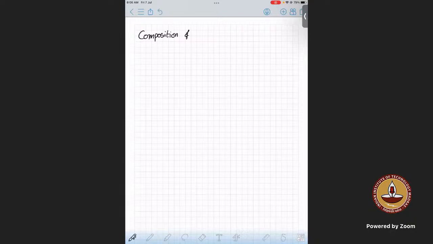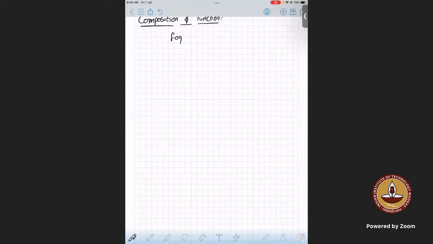Composition of function. f of g of x. Look, f of g of x is written as f of g of x. Right, sir. Now I will ask you one question: define range and domain. Define domain.